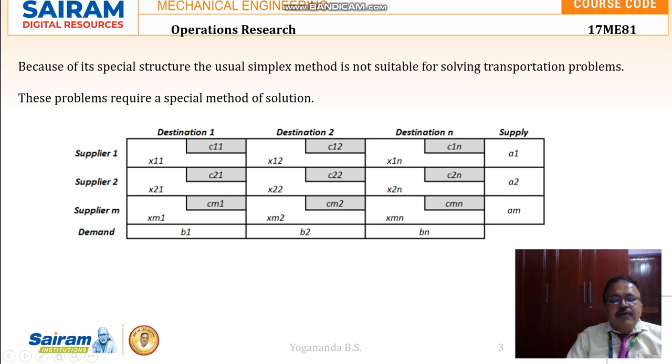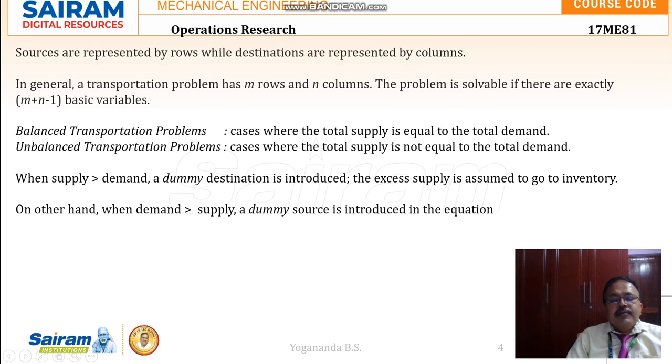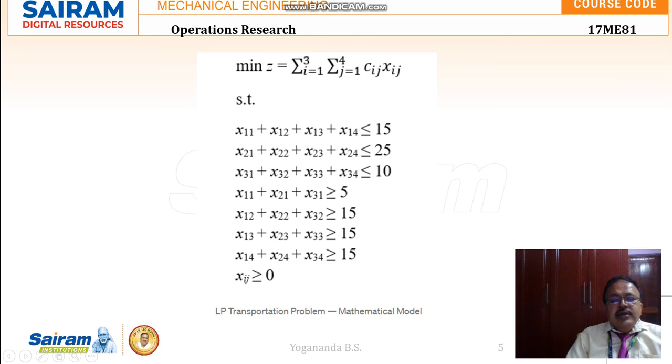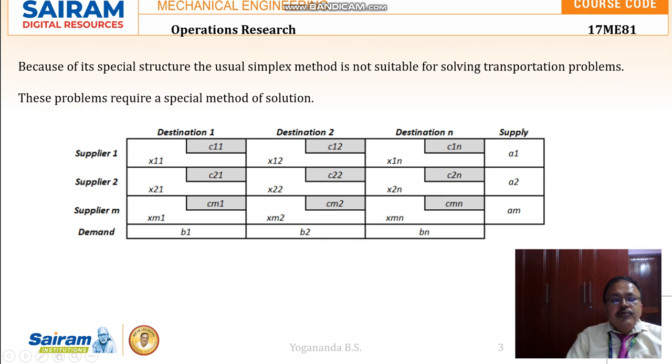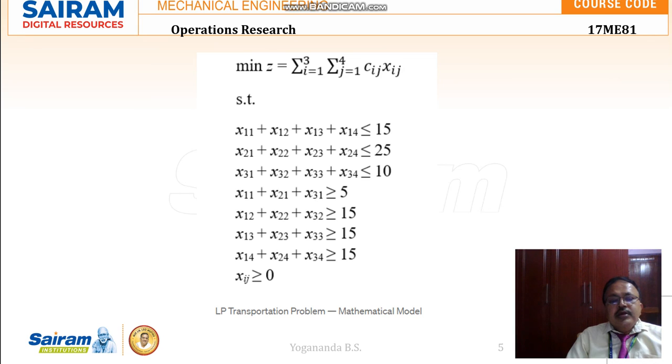The summation of all the supplies will be equal to 15. Similarly, we take the second row: x21 plus x22 and so on till x2n. If I have 4 columns, the last variable is x24, less than or equal to 25. That means the capacity of this particular supplier in total is 25.